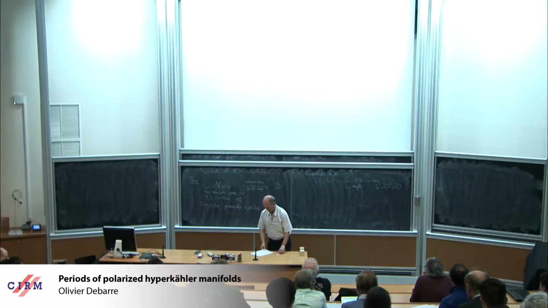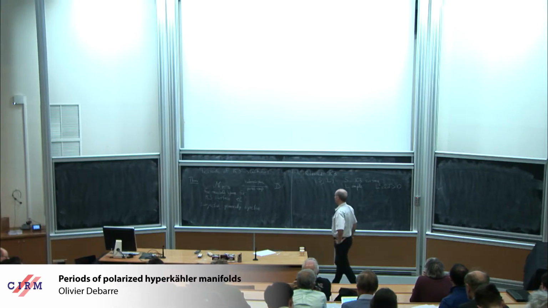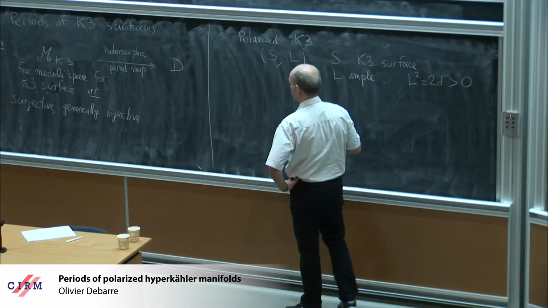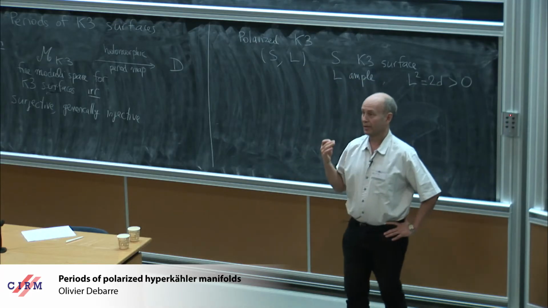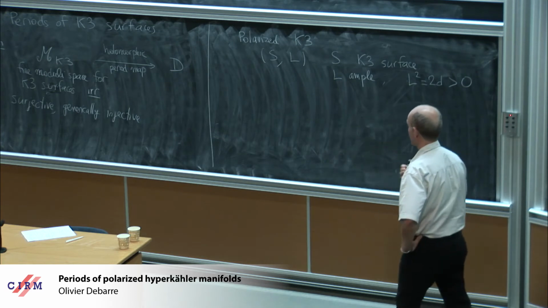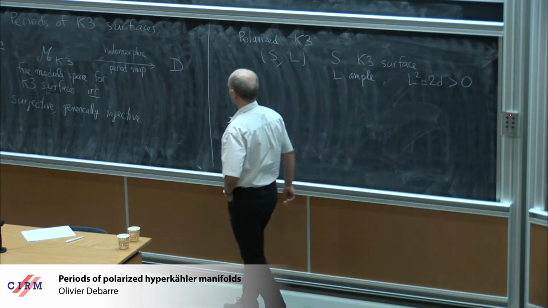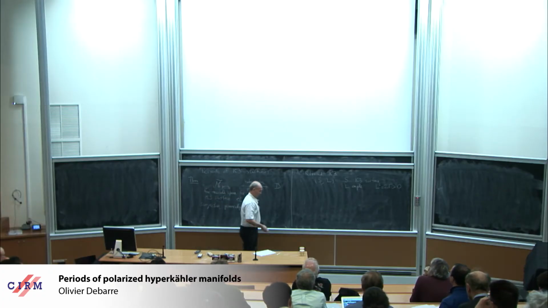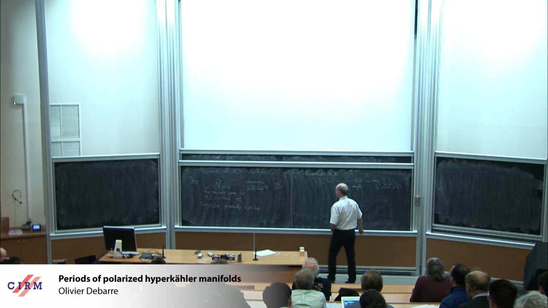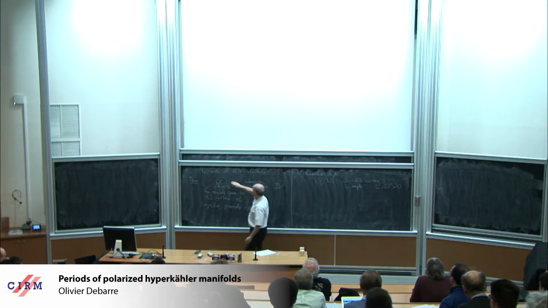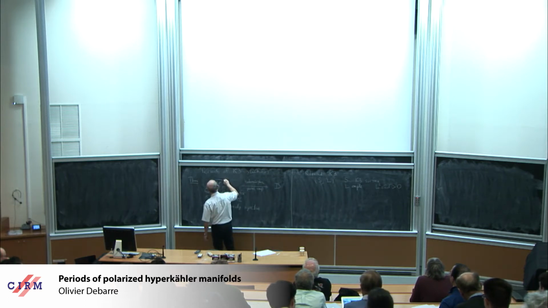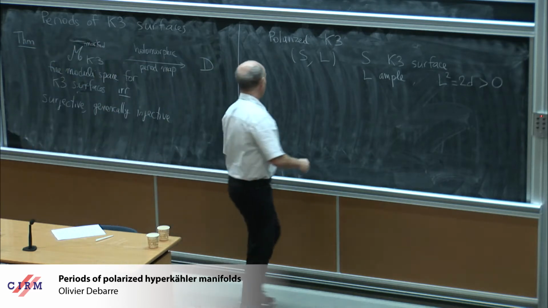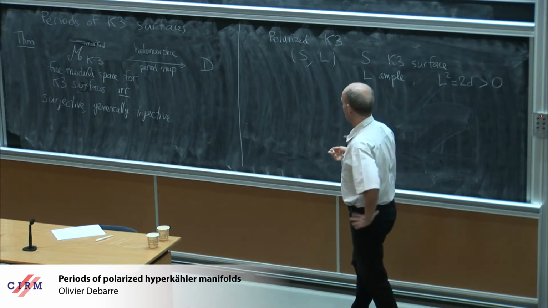So if you look at the moduli space of polarized K3 surfaces, it's a very nice quasi-projective variety. Maybe here I will add some tilde, which refers to the fact that it's marked, or maybe I can add something like marked here. Okay. Here we don't need a marking to get a good moduli space.